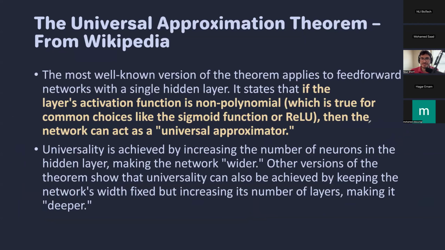What this says is exactly what I'm saying: if the layer's activation function is non-polynomial, which is the case for a sigmoid function or ReLU function, then this can act as a universal approximator, in the sense that you can break up any nonlinear function into small segments of linear functions, and add them together eventually to make a nonlinear function. Yeah?